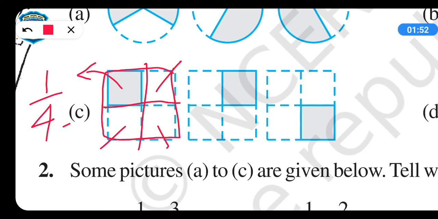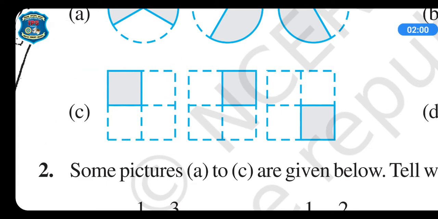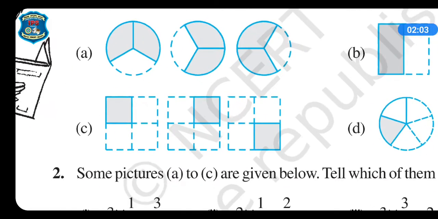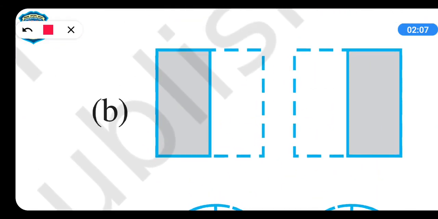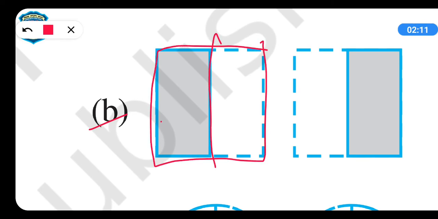So you have to see a figure means complete, a whole is divided into how many parts. So you have to count the number of parts. Got it? See this one, B part. In this B part, one figure is divided into 2 parts.